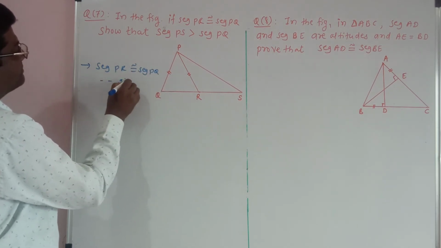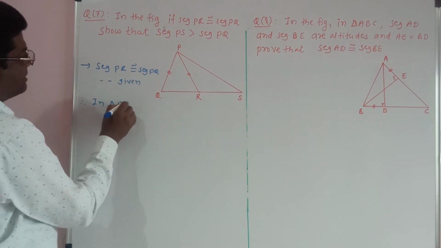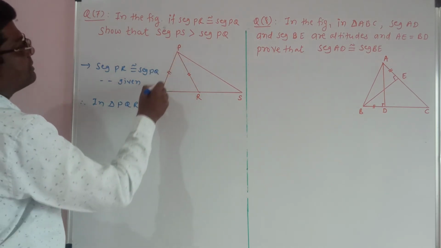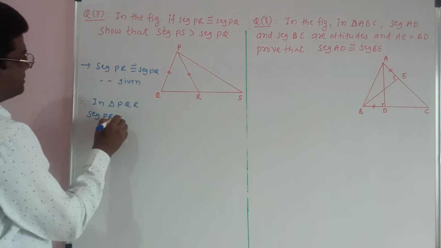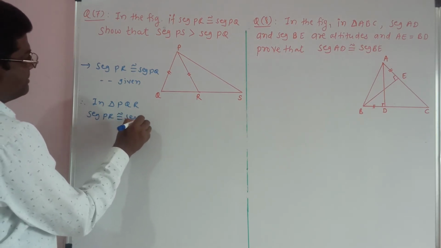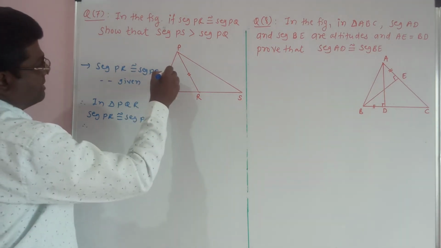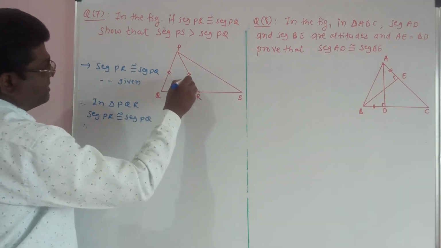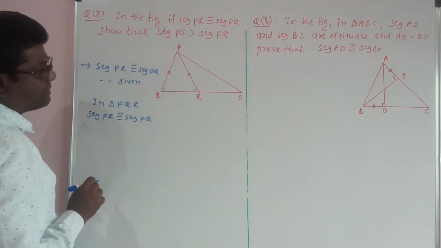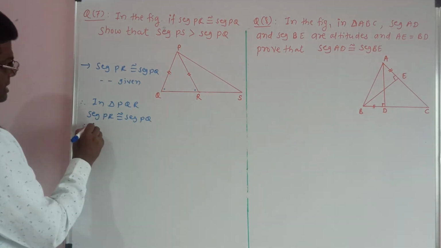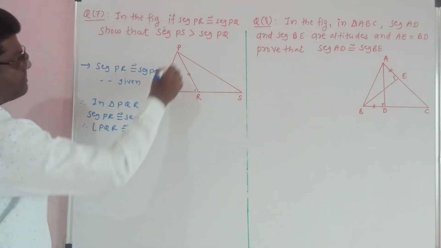Therefore, in this triangle PQR, segment PR congruent segment PQ. Therefore, angle opposite to this side and angle opposite to this side are congruent due to isosceles triangle property. Therefore, angle PQR congruent angle PRQ.